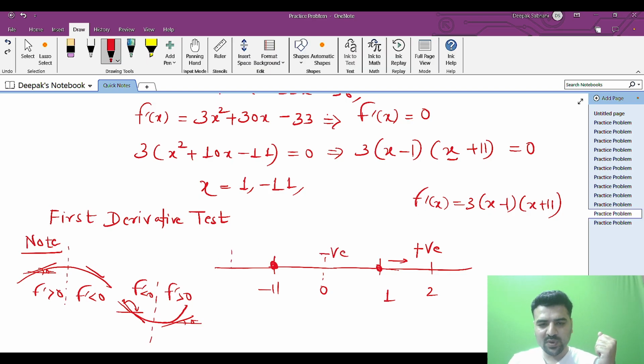Similarly, I can choose a point here, minus 12. Minus 12 minus 1 gives a negative sign, and minus 12 plus 11 also gives a negative sign. Negative and negative is positive. So when the slope changes sign from positive to negative, it is a local maxima.